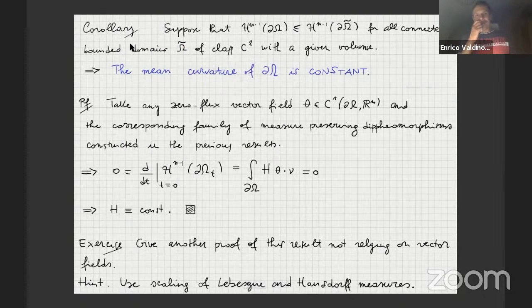Okay, with this, we are able to prove the isoperimetric problem. So the isoperimetric problem is that the set that is minimizing the surface area among all, say, connected nice domains of class C2.